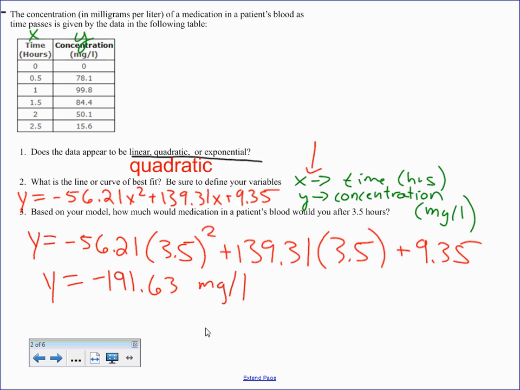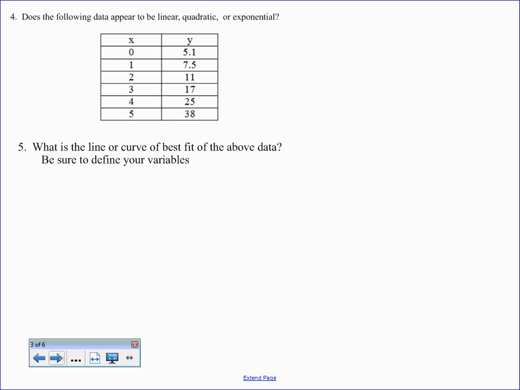So our correct answer here is actually 0 milligrams per liter is what we'd expect to be in the patient's blood after 3.5 hours. And this confuses a lot of people. It's like, so when it's negative, that means it's 0? No. We have to look at the model. We have to look at the context of the problem and say, do negative values make sense? And if negative values don't make sense, then let's look at the model and see what value does in fact make sense.